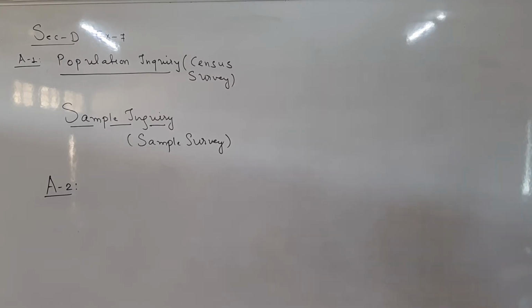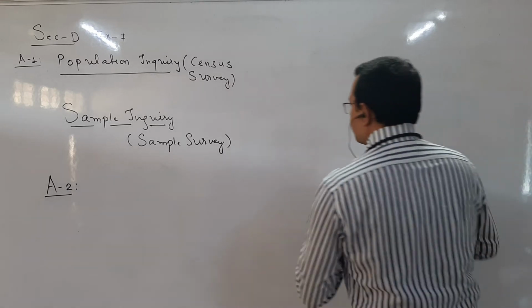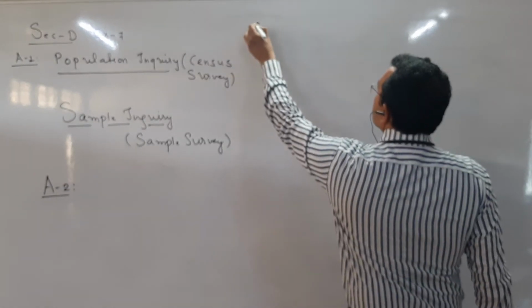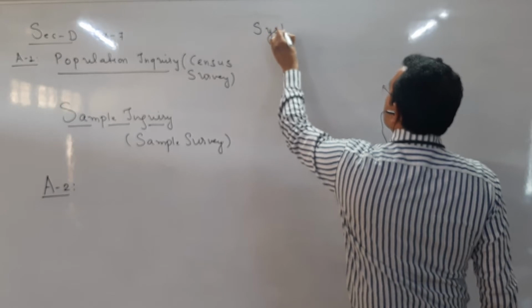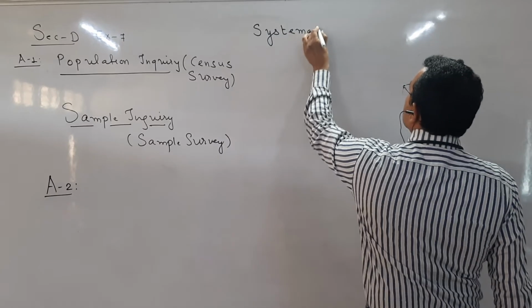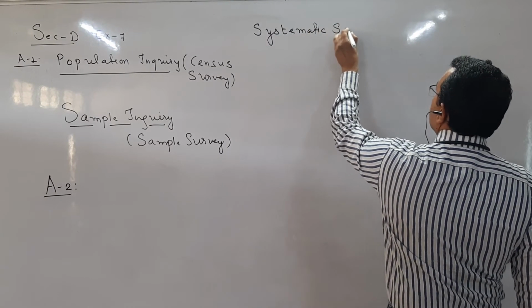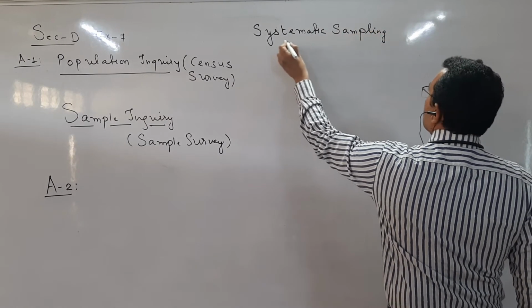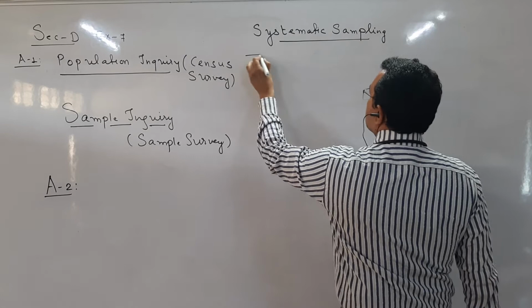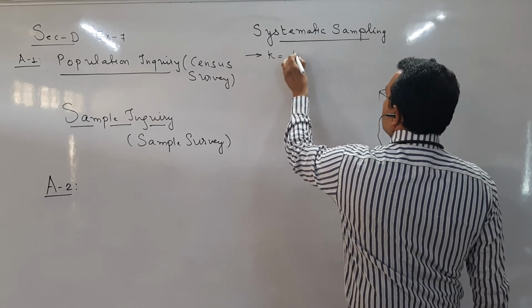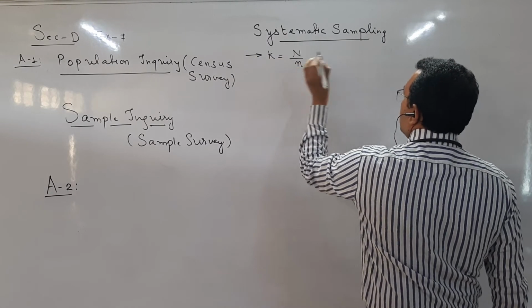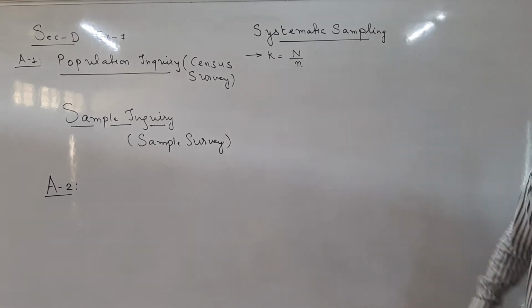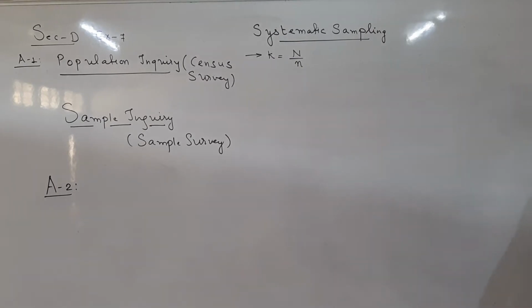First of all, sums of systematic sampling. In systematic sampling, the formula which we will remember is K = N / n.